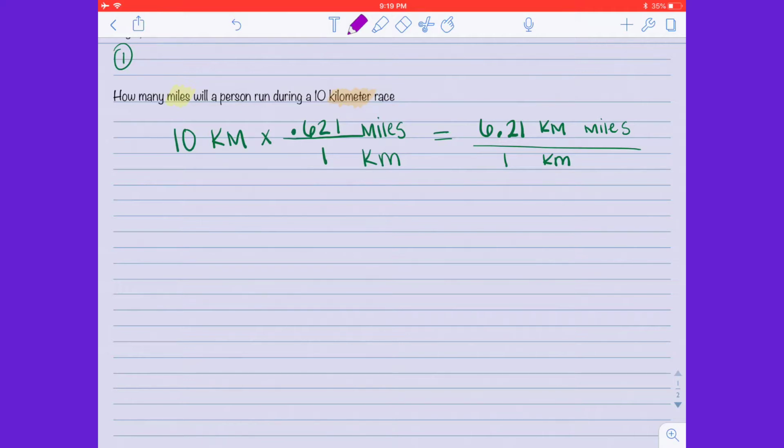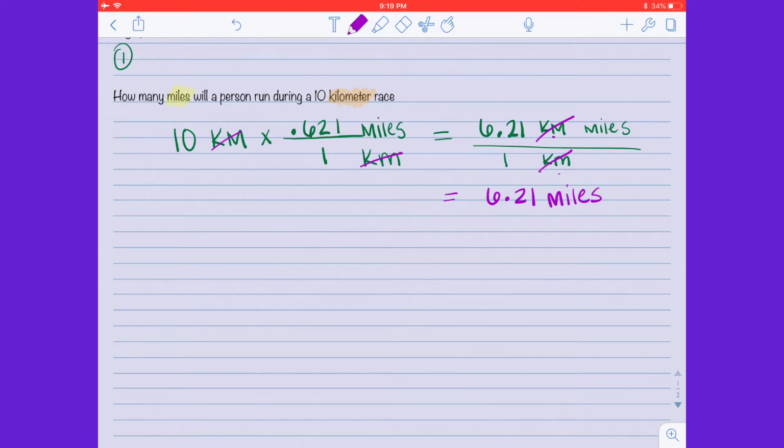You end up with kilometer on top and kilometer on bottom, and with fractions, anytime we have the same thing on top and bottom, they cancel each other out, so I'm left with a final answer of 6.21 miles. That's what a lot of books and videos do in the first step: kilometers here, kilometers here, those cancel out, so I'm just left with 6.21 miles. I just want to make sure you understood where that was coming from.